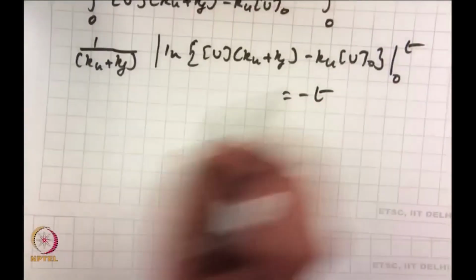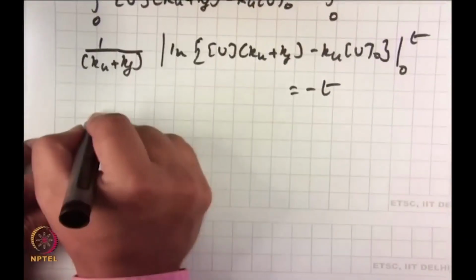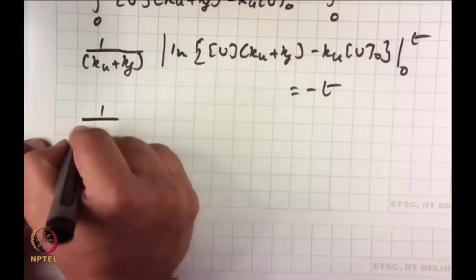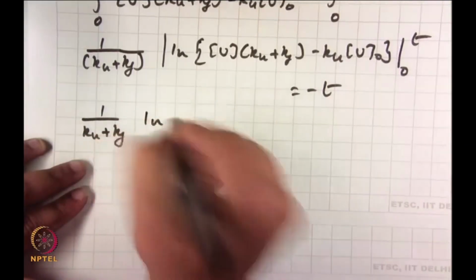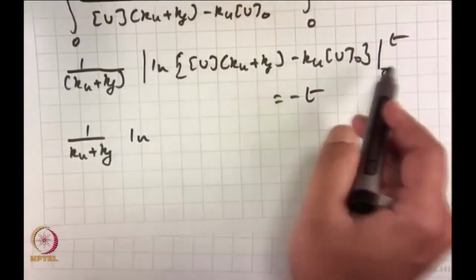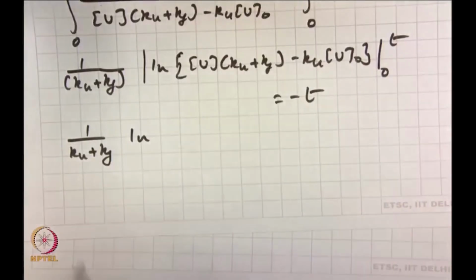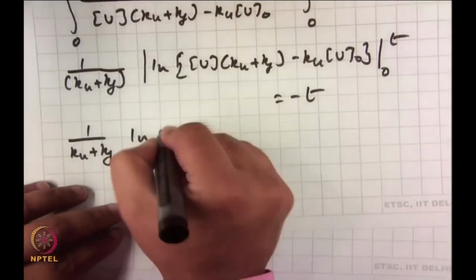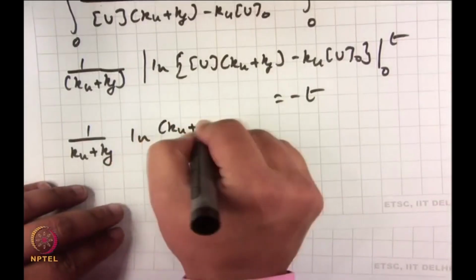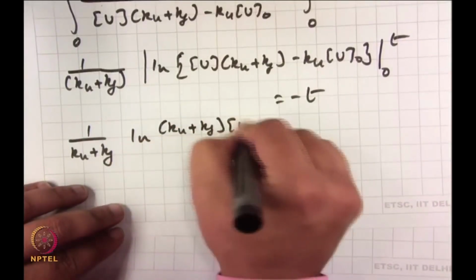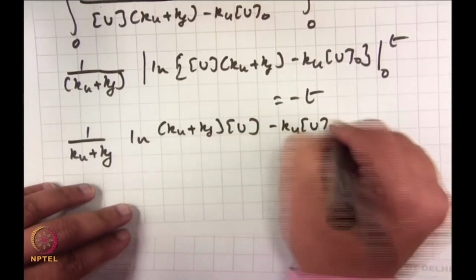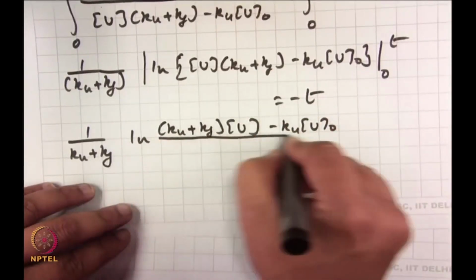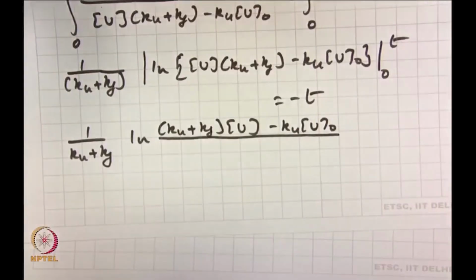Now, how would this simplify? Can you tell me? So, can I write this? So, 1 by k u plus k f natural log. See, the top one is t. So, everything remains the same. So, that means I can write k u plus k f times u minus k u times u naught. Now, what comes at the bottom? Tell me quick.